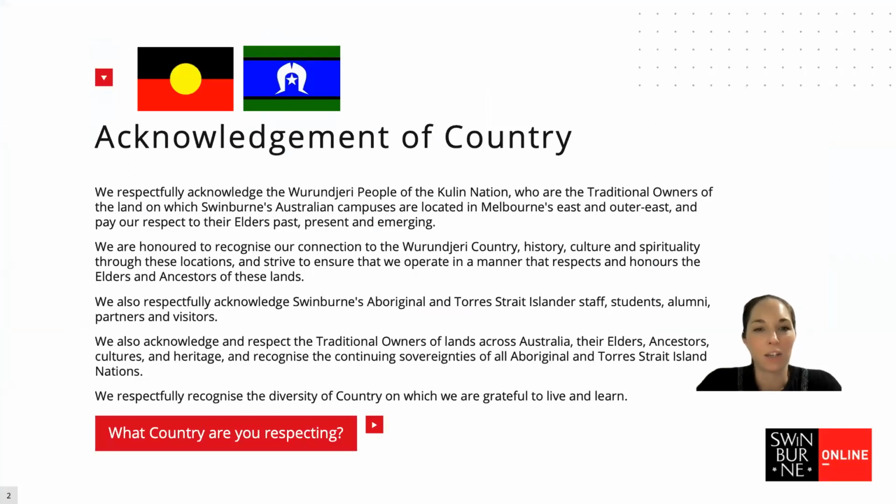We respectfully acknowledge the Wurundjeri people of the Kulin Nation, who are the traditional owners of the land on which Swinburne's Australian campuses are located, and pay our respect to their elders past, present and emerging. We are honoured to recognise our connection to the Wurundjeri country, history, culture and spirituality through these locations, and strive to ensure that we operate in a manner that respects and honours the elders and ancestors of these lands.